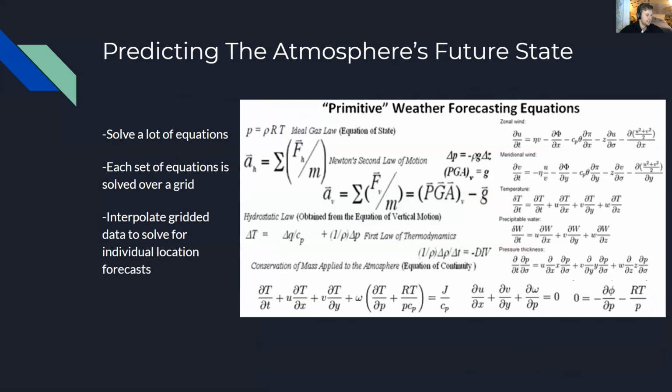And how we do that is we tell our fancy computers to solve all of these equations and many, many more that are much more complicated. If that makes your head spin, then that's okay.